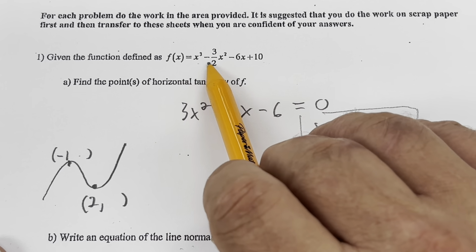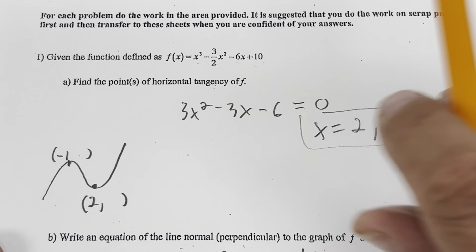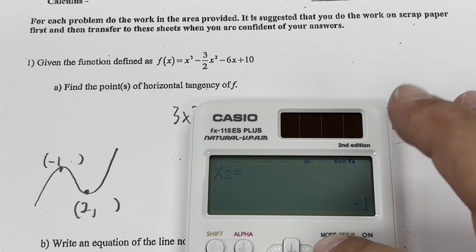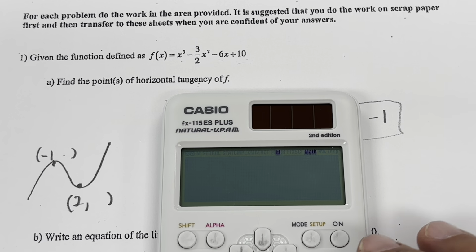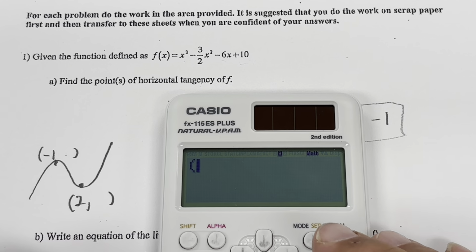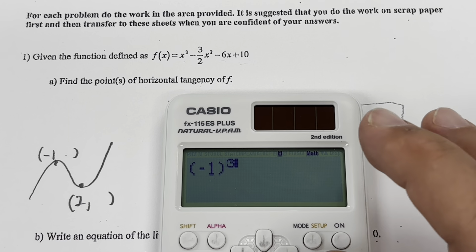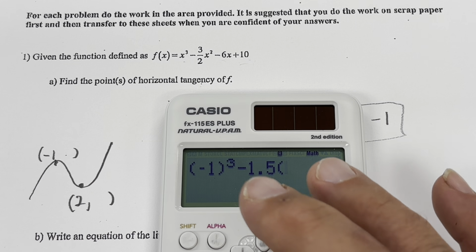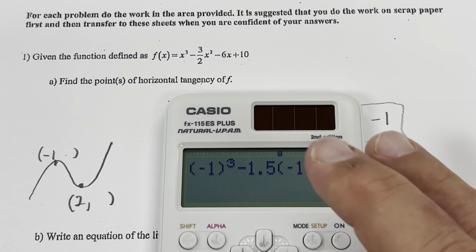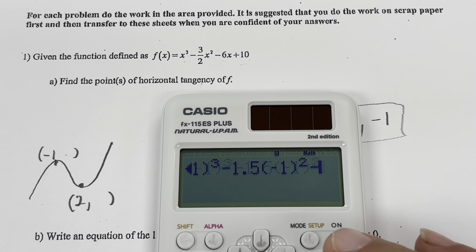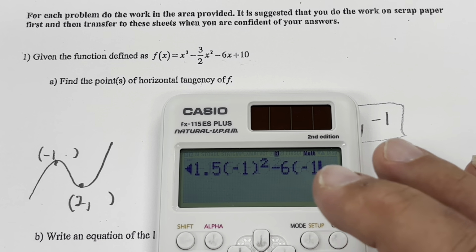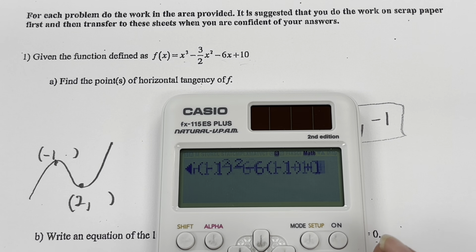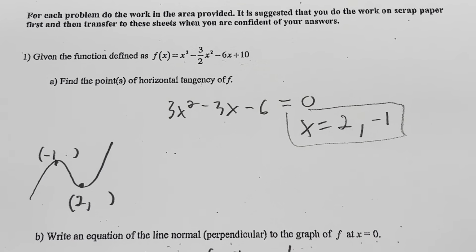So I have to plug in negative 1 to that equation. I'm going to use the calculator, mode 1, and type it in. So parentheses, negative 1, close parentheses, cubed, minus 1.5 parentheses, negative 1, close parentheses, squared, minus 6, parentheses, negative 1, plus 10. So 27 over 2, or 13.5.